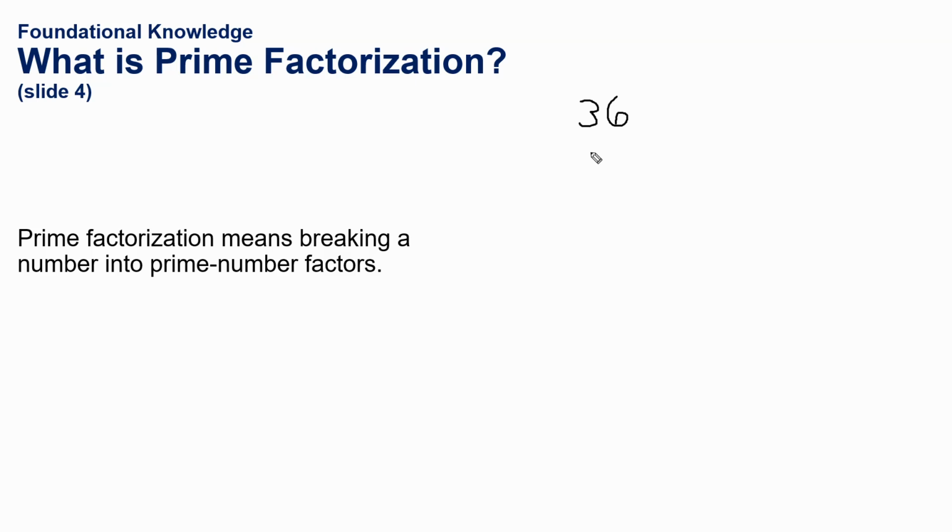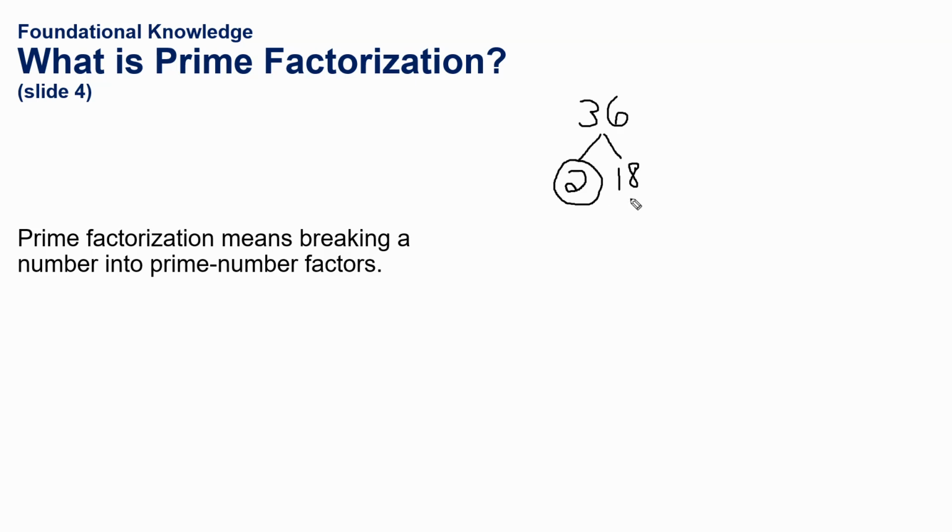Well, one method of doing this is using what's called a factor tree. Now, there are multiple ways that you could break down this number using a factor tree. Let's say we started with the smallest of the prime numbers, which would be 2. So we could break down 36 into 2 and 18. Now, 2 is a prime number, so I circle the prime number, that would be the leaf of it.